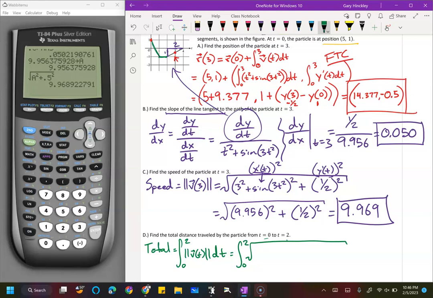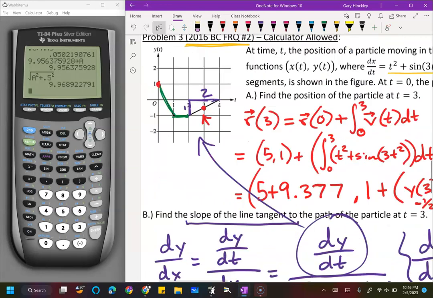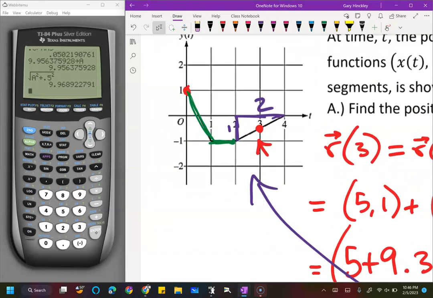Okay. So looking up at the graph here, since I have two different slopes for our function of y, I'm going to have to split this up from 0 to 1 and then 1 to 2, with the two different slopes being -2 for dy/dx, and then this one has a slope of 0.